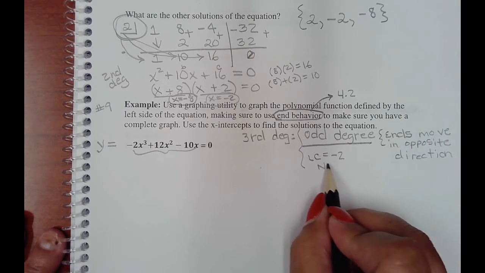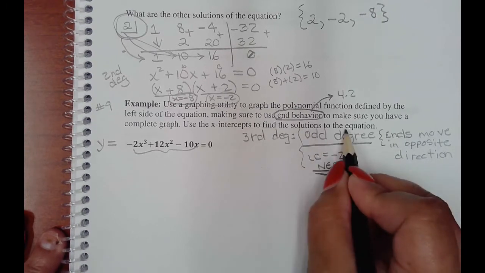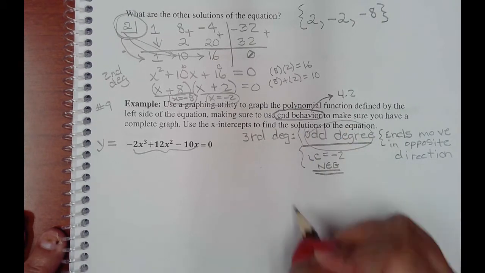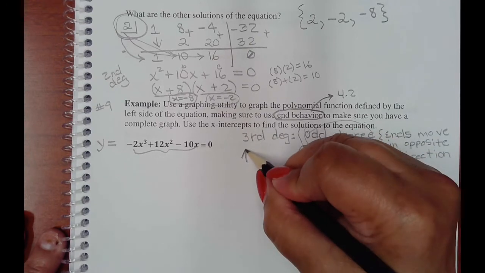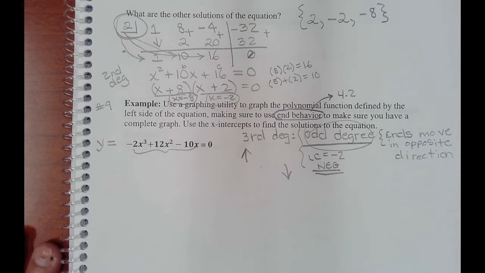And anytime you have a leading coefficient that is negative and you're of odd degree, that means the left goes up and the right goes down. So you want to make sure that when you put this in the graphing calculator, you're seeing a left side that goes up and a right end that goes down. Make sure you're seeing the whole thing and not just part of it.